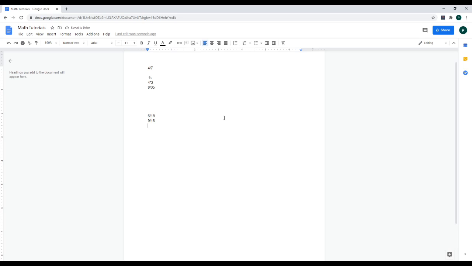Now, in order to find 6/18 by 9/18, first, we can simplify before we begin. To make the terms we're dealing with easier, we're going to divide both the numerator and the denominator of 6/18 by 6 to get 1/3, and following suit by dividing both sides of 9/18 by 9 to get 1/2. And now we have 1/3 by 1/2, which is 1/6, because 1 times 1 is 1, and 2 times 3 is 6. So your answer is 1/6.